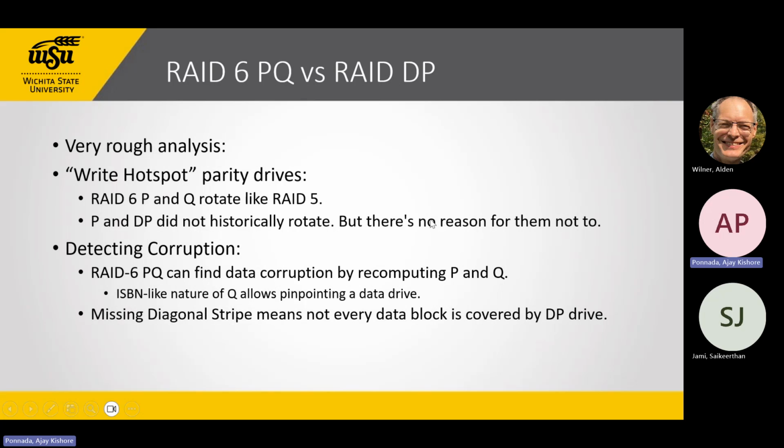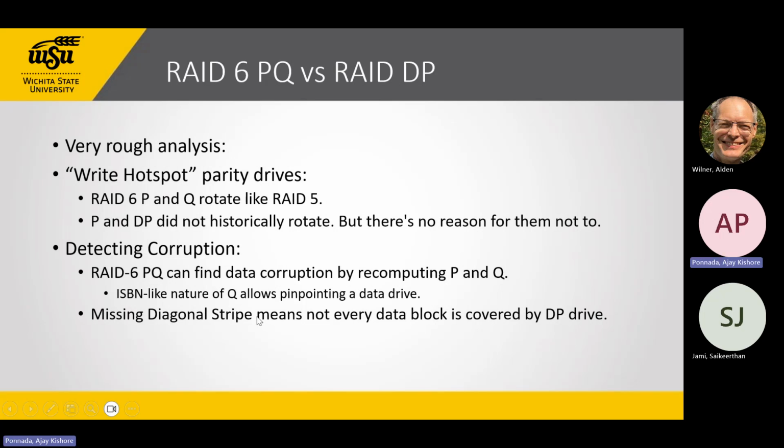So in RAID 6 PQ, there are different approaches different people came up with. So instead of giving separate data drives for P and Q, they have made it rotating like a diagonal parity. So detecting corruption: RAID 6 PQ can find data corruption by recomputing P and Q. Missing diagonal stripe means not every data block is covered by the DP drive.